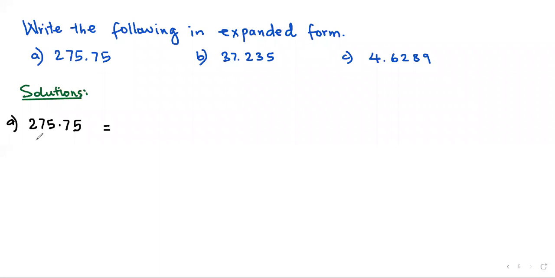But by the way, I can also say that I have 2 times 100. This is the same as 200, right? Yes. No problem. Instead of writing 200, still I can write 2 times 100. Okay, plus, what is the value of 7? 70. 7 times 10. Okay.